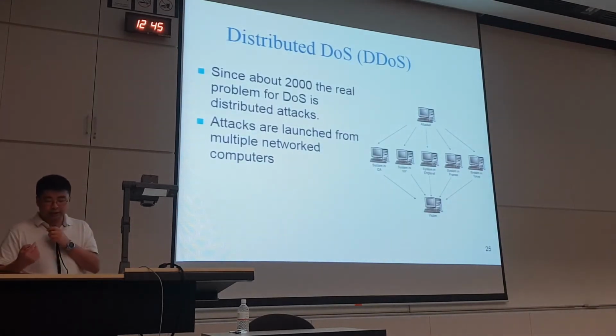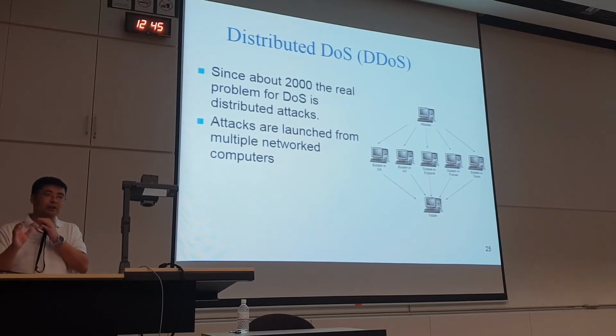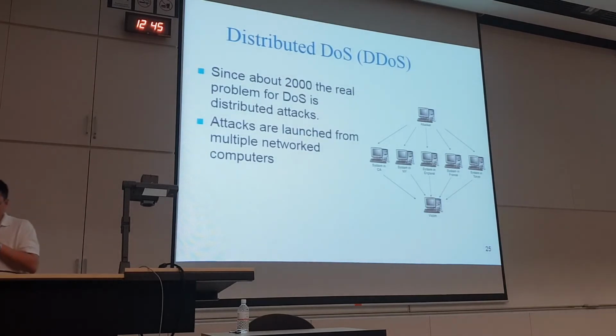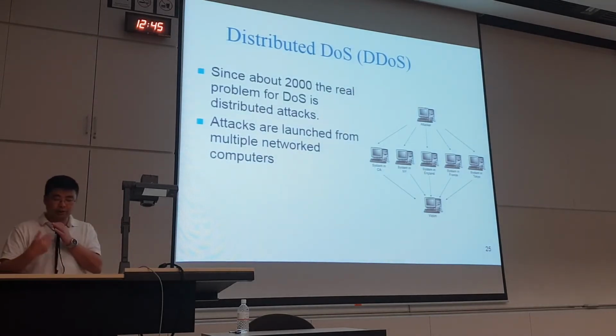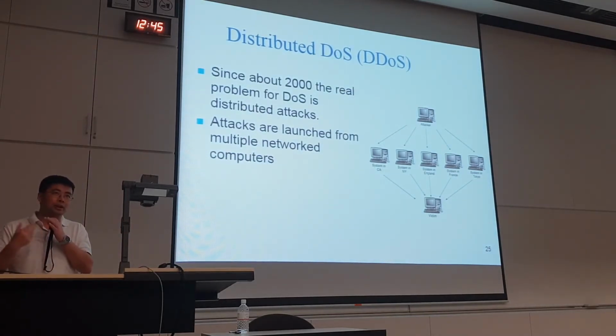And on the other hand, we can also use a so-called botnet. The botnet is a network of machines compromised by the attacker. All these machines we call zombie machines. The zombie is a kind of malware that can infect the machine, and then the machine becomes a helper of the attacker to launch the distributed denial of service attack.